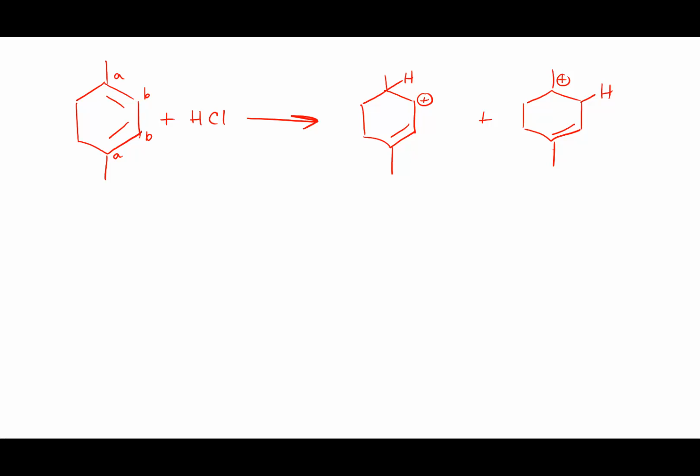Don't give up so easily. That wasn't my question. My question was, why did you choose that? Well, I think that A forms an allylic carbocation versus B. Okay. So A forms an allylic carbocation.